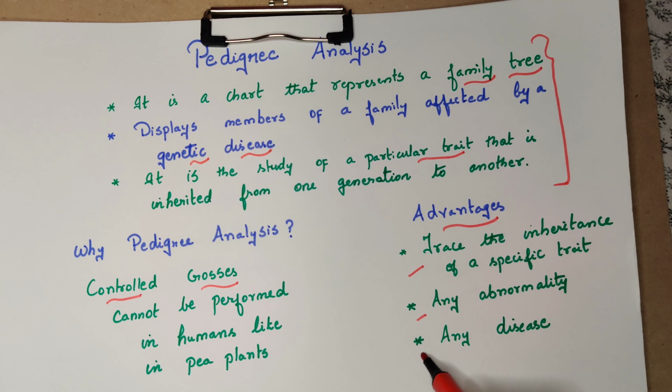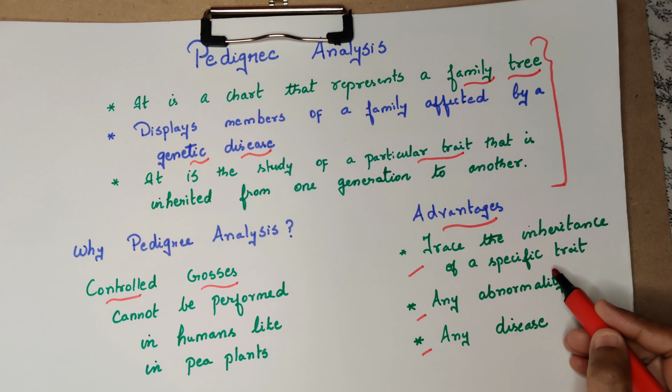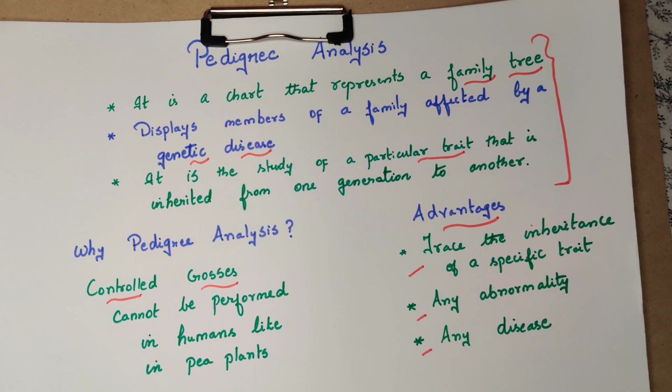And third, for any disease that runs in a family, you will be able to analyze it, and for anyone marrying into the family, how best we could prevent the expression of a gene that can cause a particular genetic disease. For all these, we need to do a process called pedigree analysis.